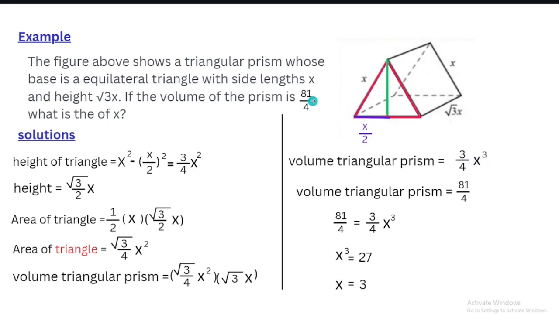But he gave us that the volume of the prism is 81/4. So we will make these equal, this and this. 81/4 equals 3/4 x cubed. So x cubed equals 27, x equals 3. So we found the x that he set up.